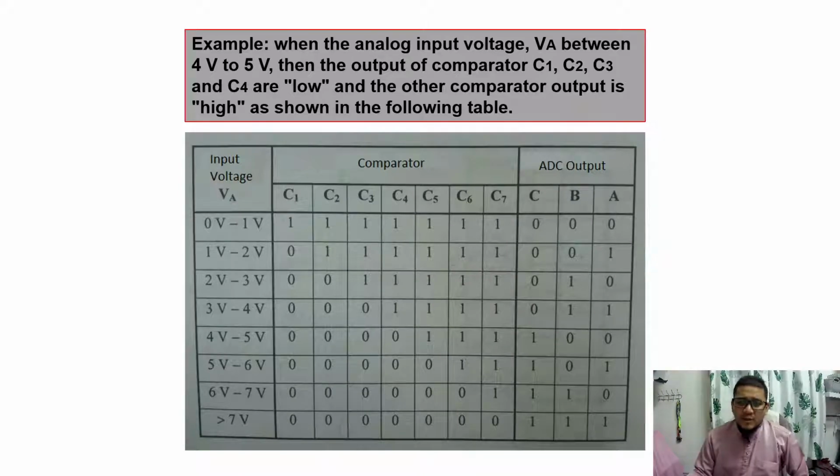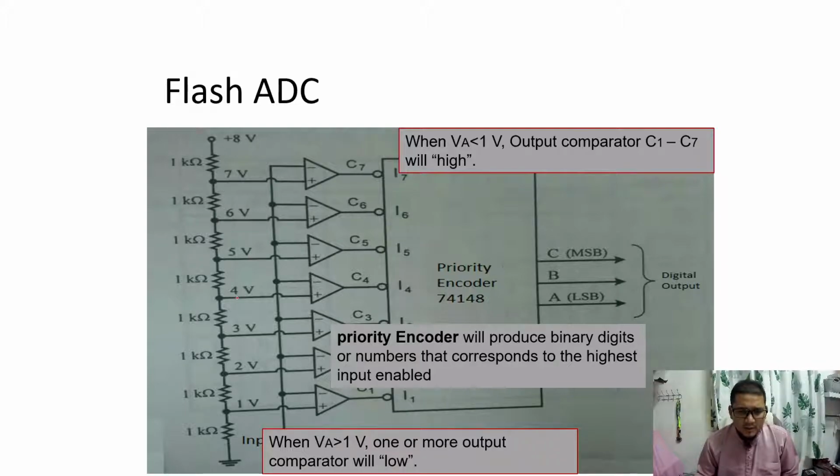When the analog input voltage VA is between 4 and 5 volts, for example VA is 4 point something, then the outputs of comparators C1, C2, C3 and C4 become low. Why? Because if you look at here, this is V1, V2, V3, V4, and this is V5. Since our VA is 4 point something, it means that V1, V2, V3 and V4 are lower than VA.